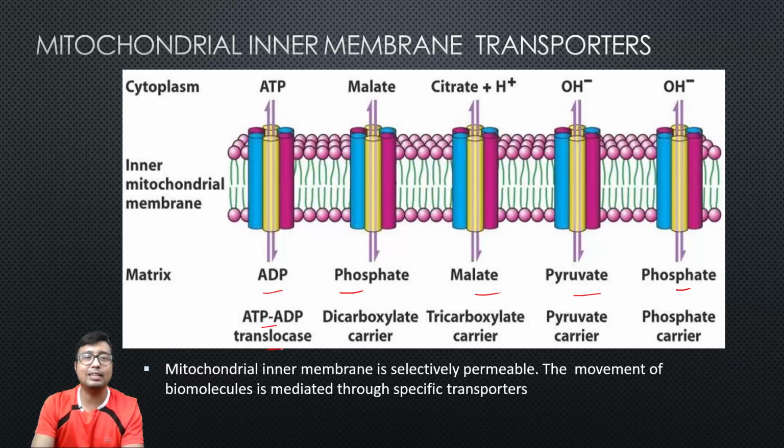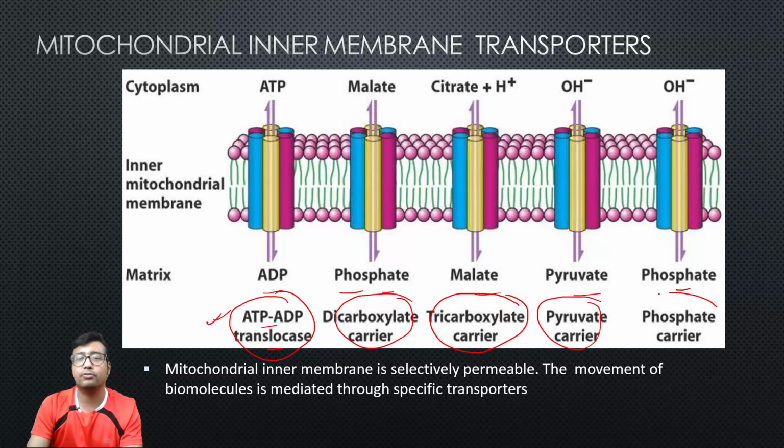ATP-ADP translocase, I already told you, is inhibited by atractyloside and bongkrekic acid. Phosphate and malate get shunted by dicarboxylate carrier, citrate gets transported by tricarboxylate carrier, pyruvate has its own carrier, and phosphate has its own carrier. Okay.